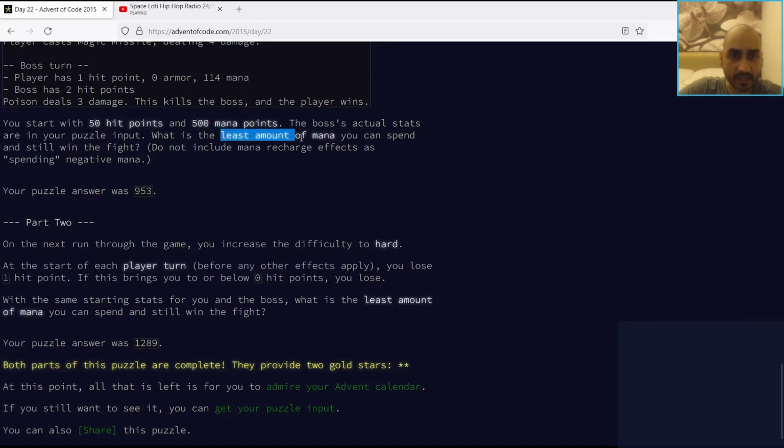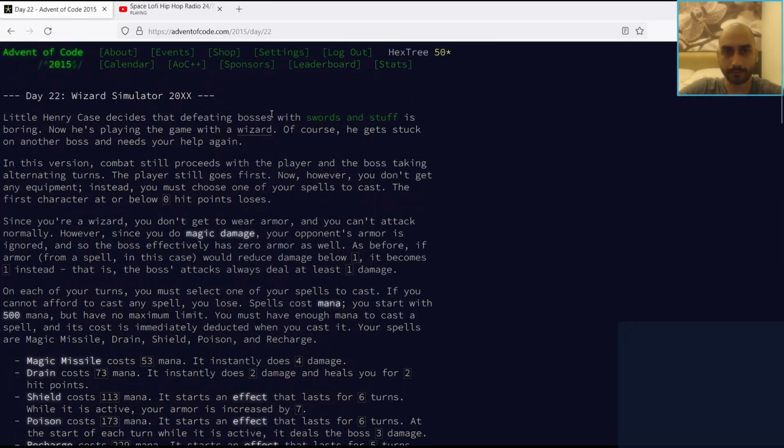Oh, no, it's not the starting mana that changes. It's the amount you spend. But you could actually just alter the starting mana, because that would force the amount you spend. Okay, cool.